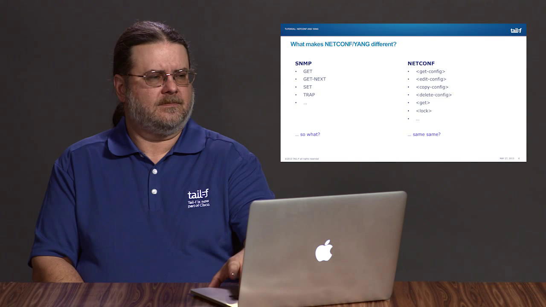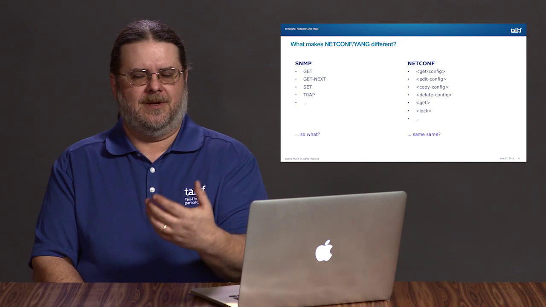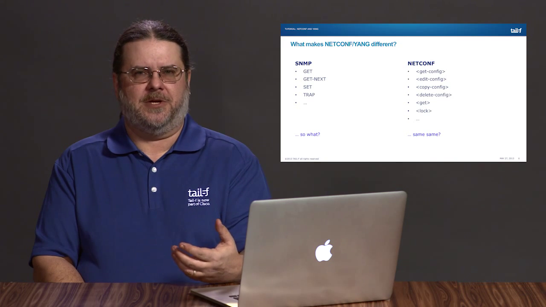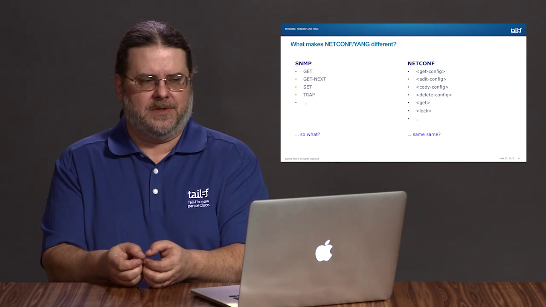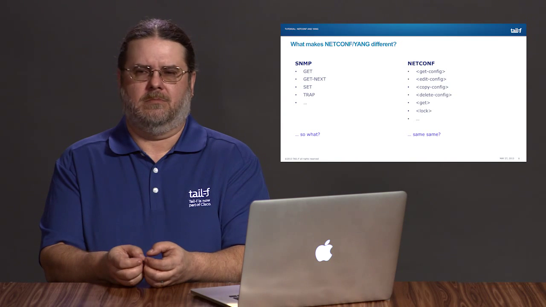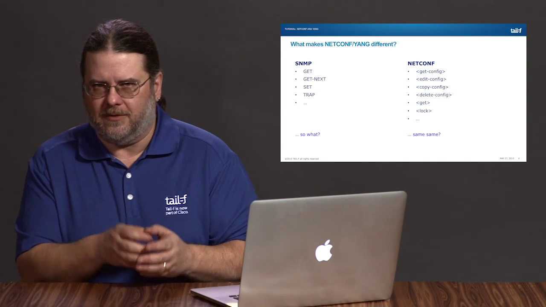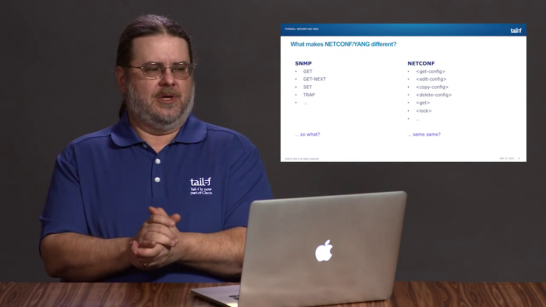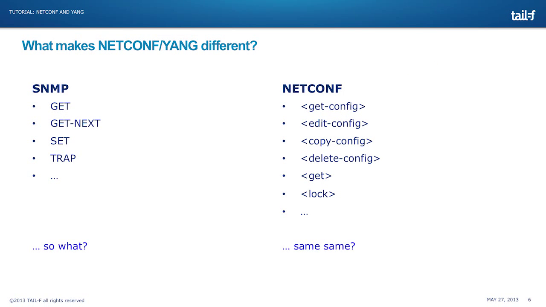Now, we've seen how SNMP and NETCONF, they're management protocols. They have a modeling language. They have models. Doesn't that mean they're all the same? No, absolutely not. If we look into those differences, SNMP, okay, yeah, we can get information, we can set information, we can get notifications.